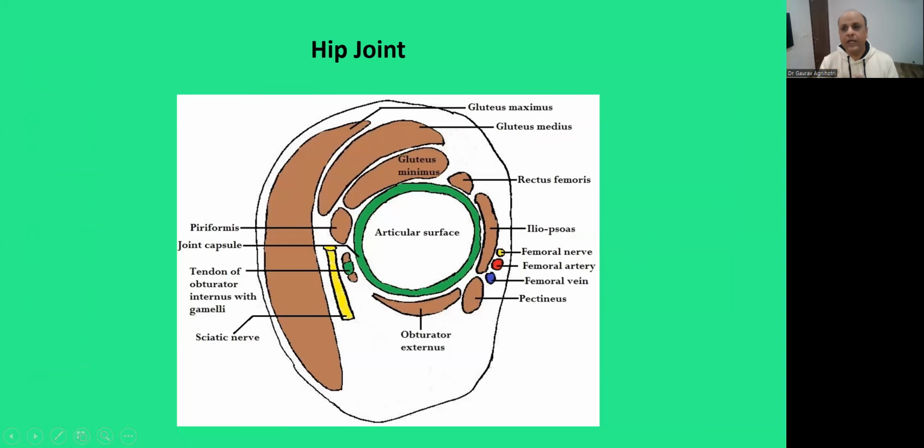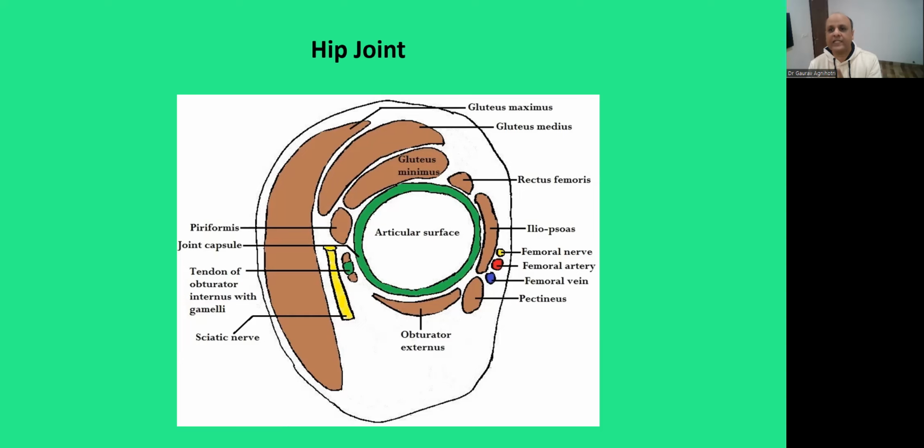Then we do the various ligaments of the joint, and out of them, the main ligament is the capsule of the hip joint. Remember students, the capsule attachment on the femur is attached anteriorly to the intertrochanteric line and posteriorly 1 centimeter medial to the crest. So anteriorly the attachment is to the intertrochanteric line and posteriorly it is 1 centimeter medial to the crest.